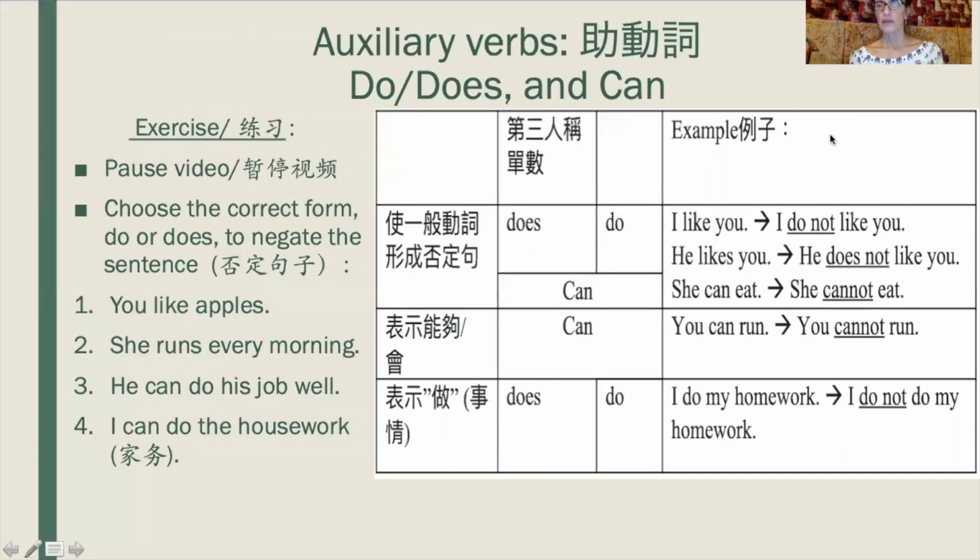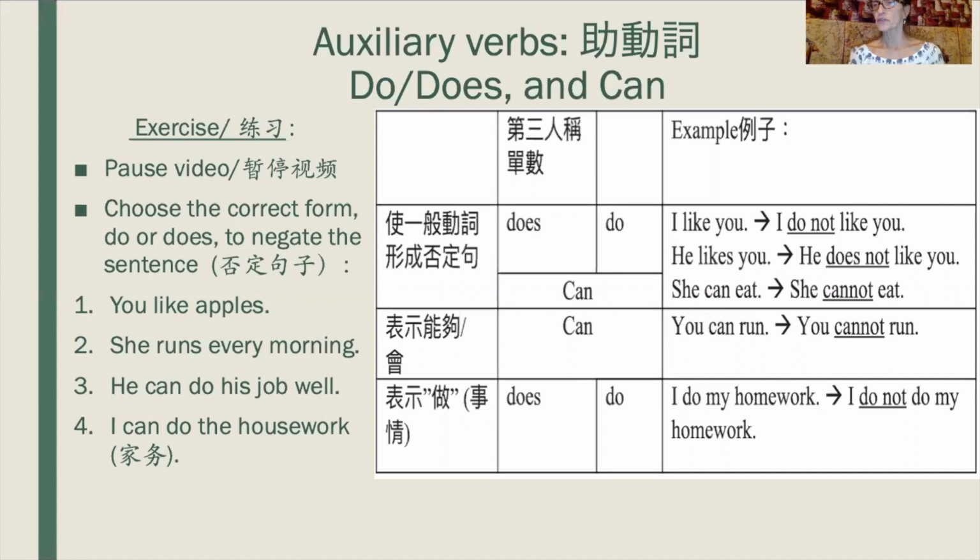Again, let me move my picture out of the way. Auxiliary verbs. These helping verbs: do, does, and can. The important point of this table and this part of the lesson is how they help you make a statement that's positive, I like you, and how you make it negative, the opposite.